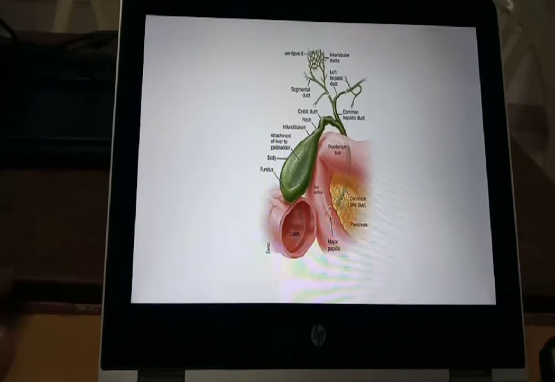Where it enters the duodenum, where it excretes all its substance into the gastrointestinal tract, that point of entry is called the ampulla of Vater, or the major papilla. There it is joined by the pancreatic duct also. The pancreatic duct and the common bile duct excrete all their secretions into the gastrointestinal tract there. Okay.